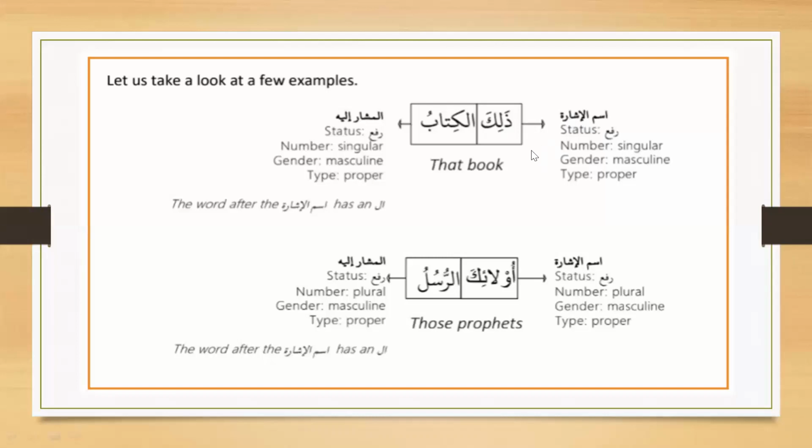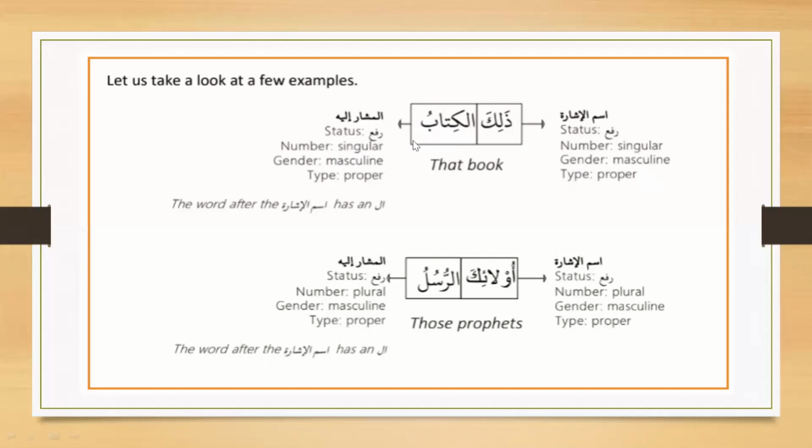So all ism ishara are proper, all damair are proper, all ism mawsul are proper. Then we have al-kitabu, which is the second component, and it is rafa with what? Dhamma, single dhamma, right? And number, al-kitabu is singular.